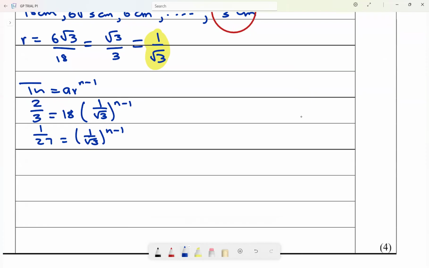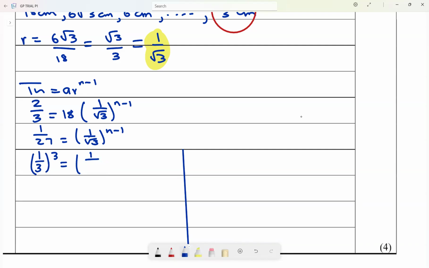Okay, let me show two methods, okay? The first one, you can say, let me express this in terms of 3. So 1 over 27 can be expressed as 1 over 3 to the power of 3, okay? And then this can be expressed as 1 over 3 to the power of half.